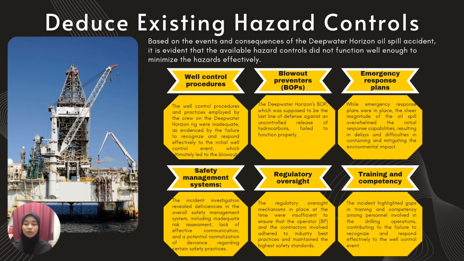Next is regulatory oversight. The regulatory oversight mechanisms in place at the time were insufficient to ensure that the operator, BP, and the contractors involved adhered to industry best practices and maintained the highest safety standards.